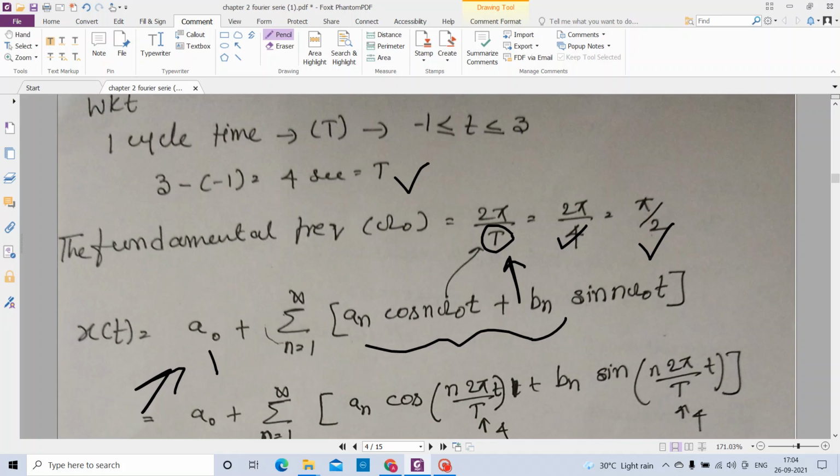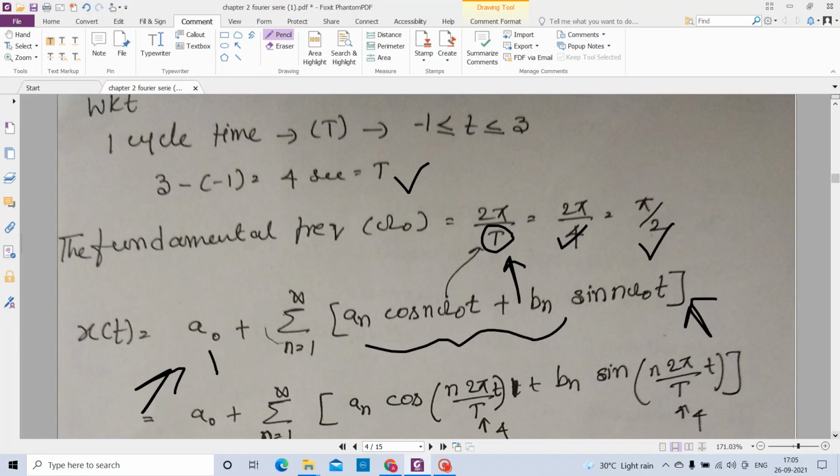Fourier, a mathematician, used that concept to represent the Fourier series: a naught plus summation of n equals 1 to infinity of a subscript n cos n omega naught t plus b subscript n sin n omega naught t. This is the mathematical representation of the Fourier series.